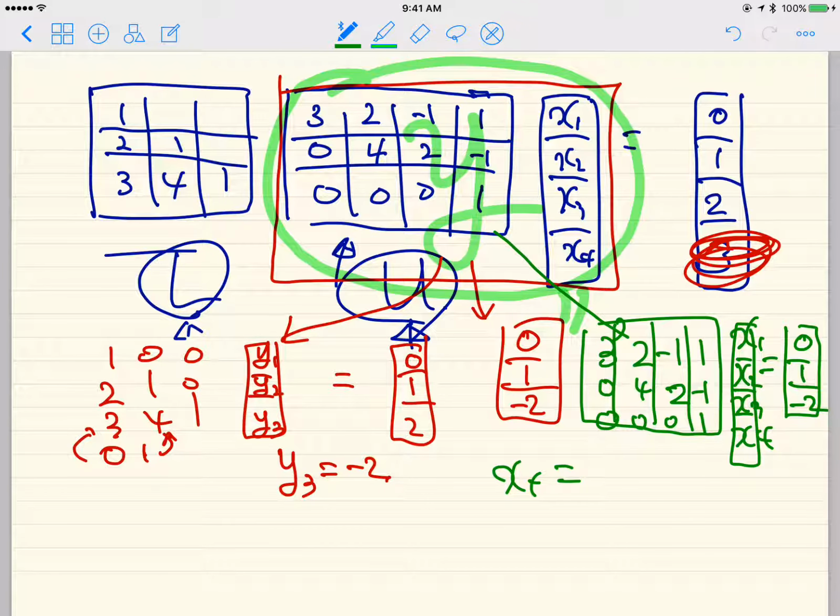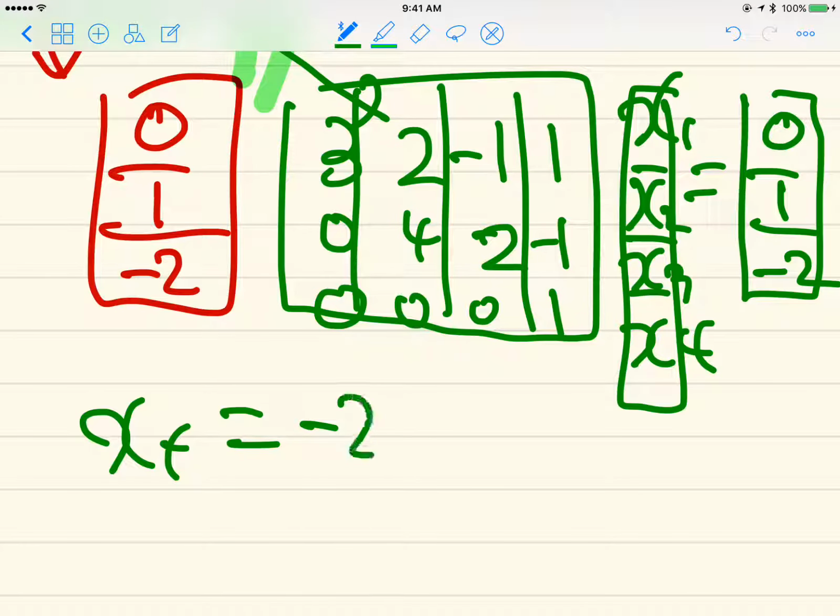What is x4? In this case, it's like going from bottom to top, right? Because the bottom equation has only one variable. So what is the x4 here? Minus 2. And then we just simply plug that in here. And now, unfortunately, we have some free variable.